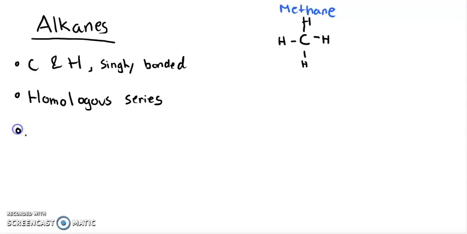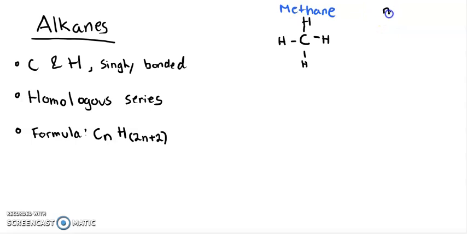And the formula of this homologous series, which is called alkanes, is CnH2n+2. So we can check for methane.